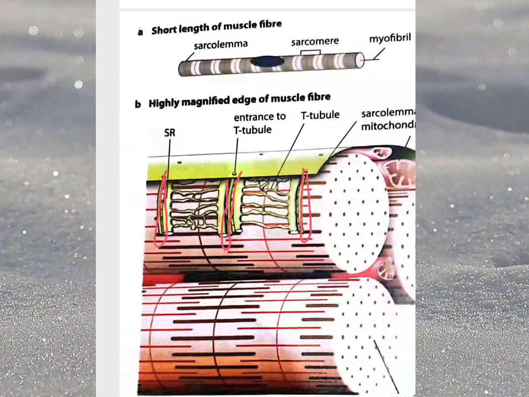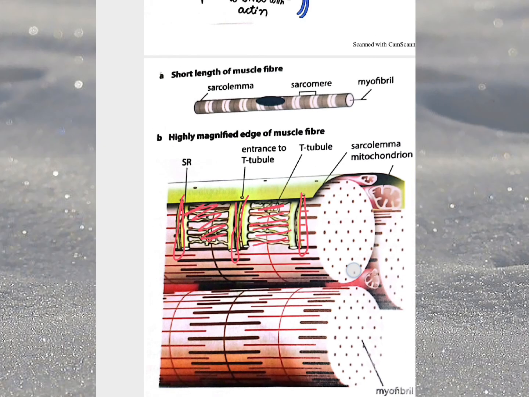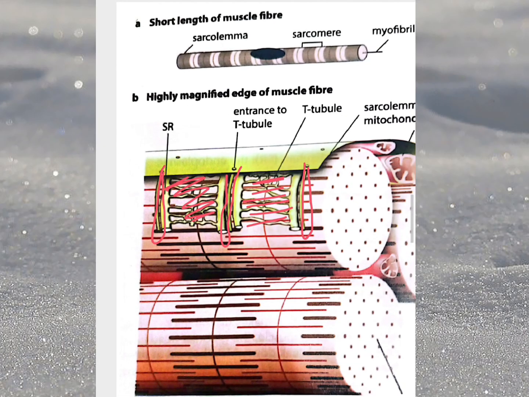And T-tubule is a triad structure because on both of its sides it has the sarcoplasmic reticulum. This is showing you the sarcoplasmic reticulum. So sarcoplasmic reticulum is present on both of its sides. So this is making the T-tubule system. This is the T-tubule in which the sarcolemma has some invagination, and on both of its sides it has the sarcoplasmic reticulum.